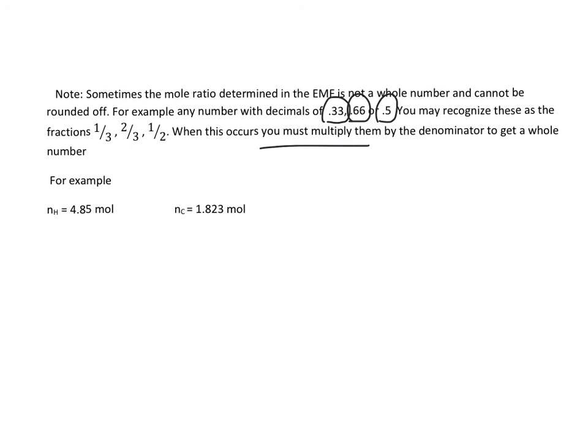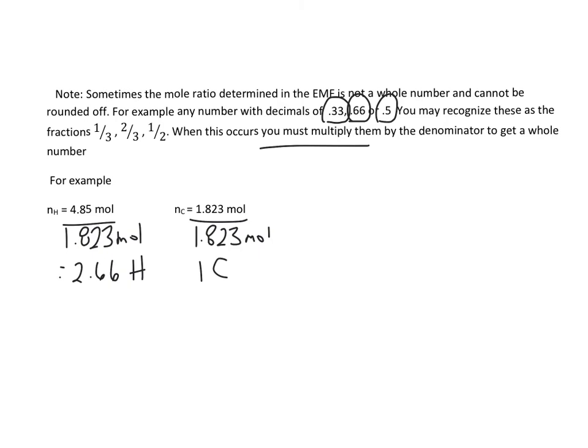For example, 4.85 moles of hydrogen and 1.823 moles of carbon. So let's find out what the mole ratio is, because this just gives us moles. Divide by the smallest number, and this will give us the mole ratio.